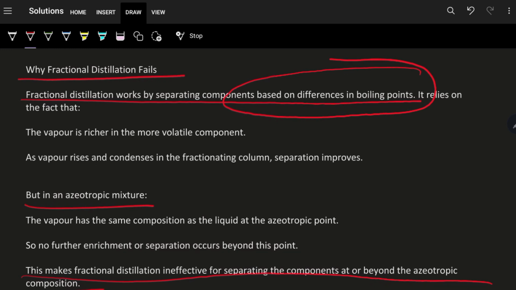So their entities are not different now. They behave as one entity, for which you cannot separate them. So the vapor cannot be separated by a fractionating column.